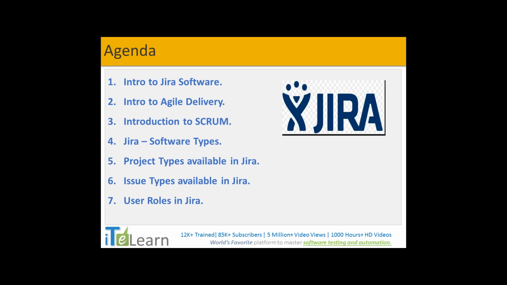Whereas a normal user will just work on a particular issue type. It could be a task or a subtask. He'll just work on the task, complete it, close it. So that is the difference between the user roles, Jira Software Manager or Jira Software User.